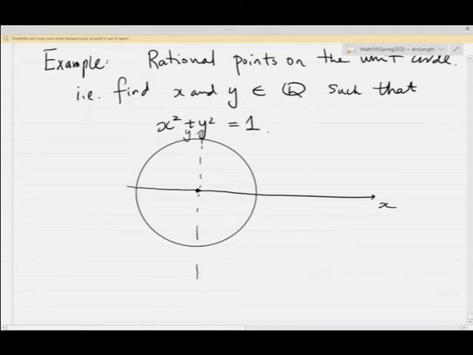First of all, we can find a trivial rational point, which is (-1, 0). Let this point be P. P is clearly a rational point.